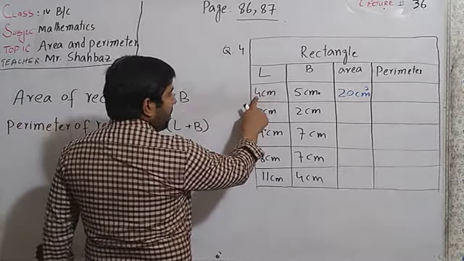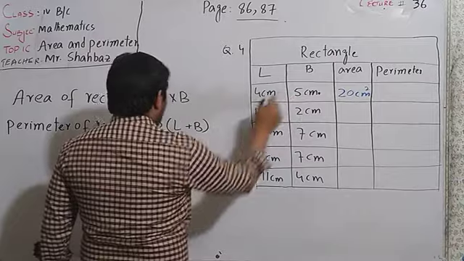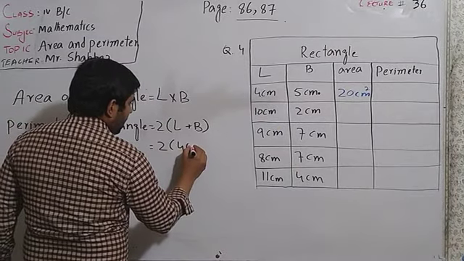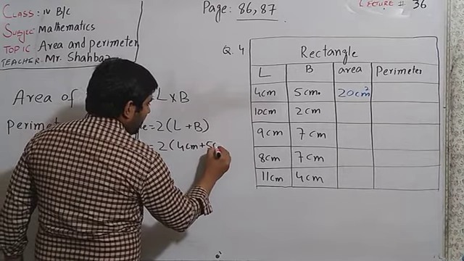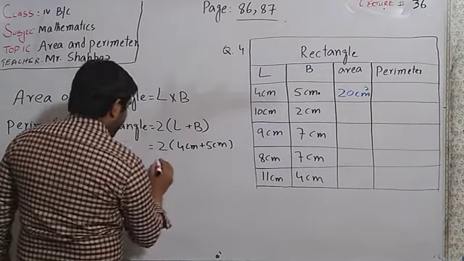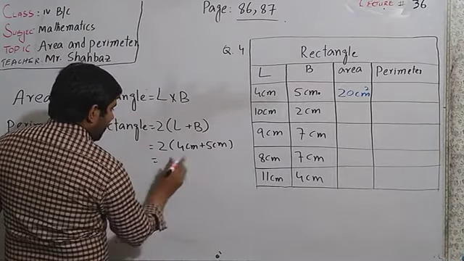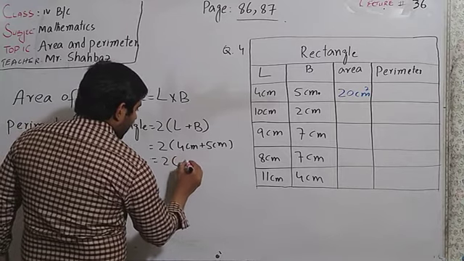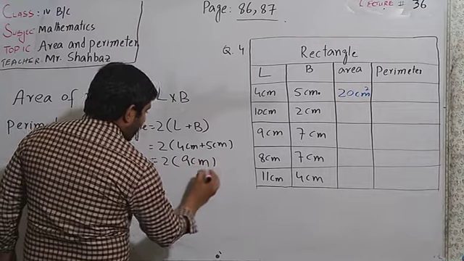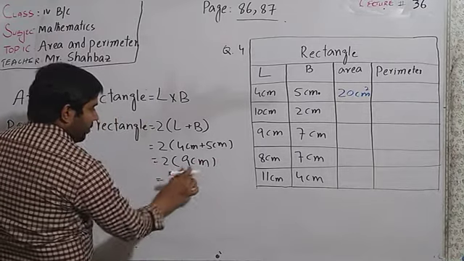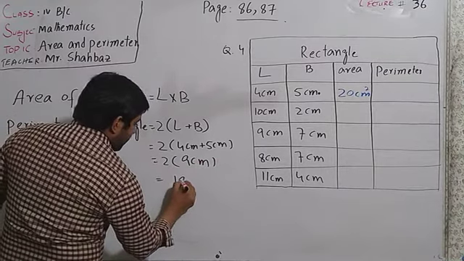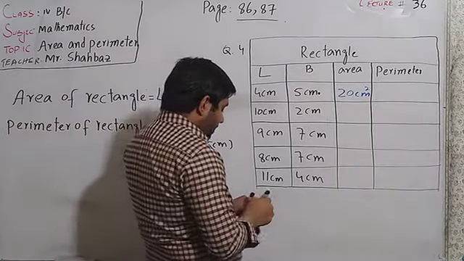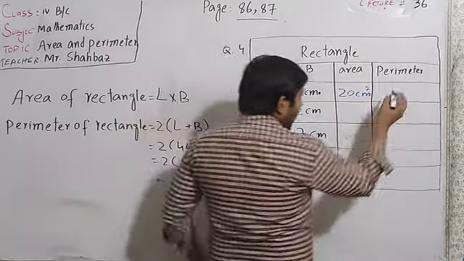This is 4 centimeter plus 5 centimeter. We add this, it will be 9 centimeter, and then we multiply with 2. 2 nines are 18 centimeter. Okay, this is the answer of perimeter.